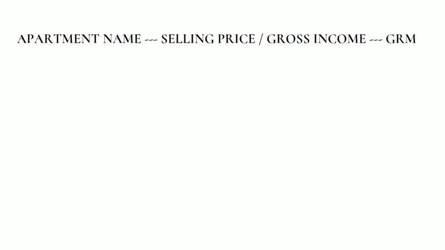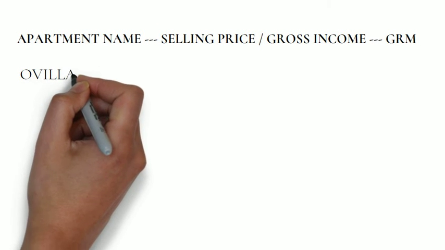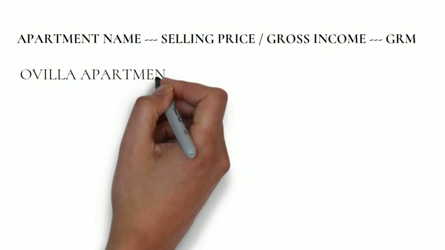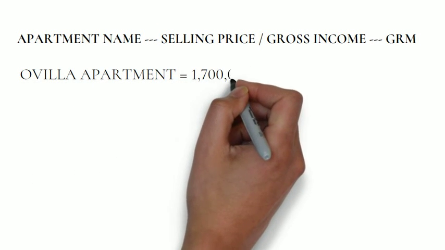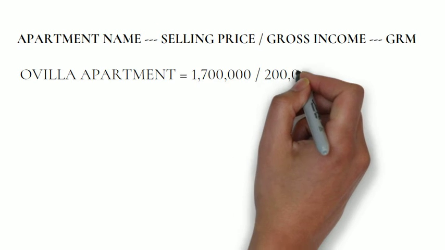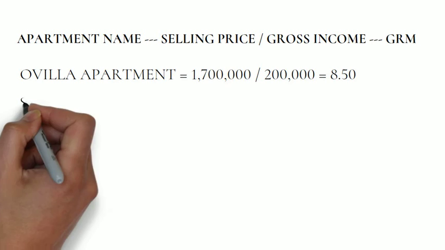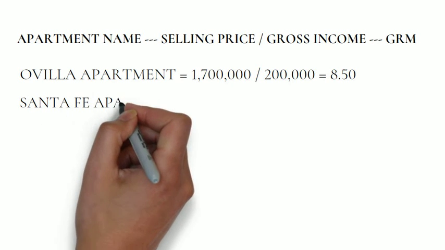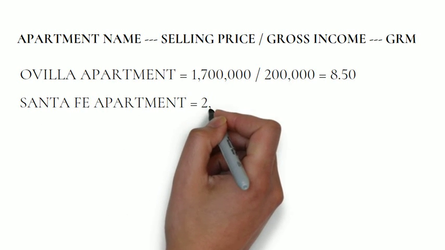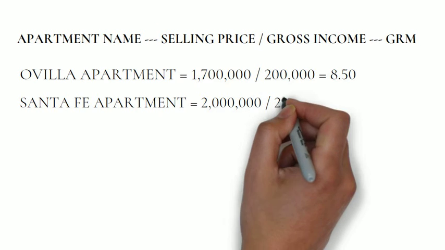The first apartment, Ovilla apartment, has a price tag of $1.7 million. We divide that by the $200,000 of gross income it carries, and it gives us a gross rent multiplier of 8.50.